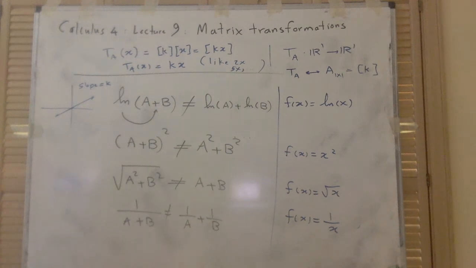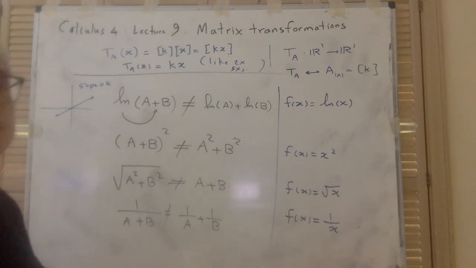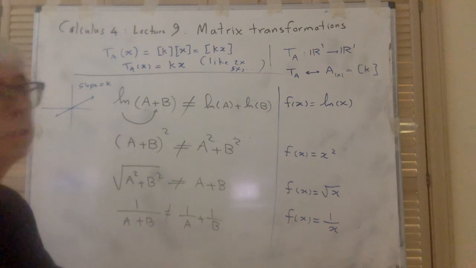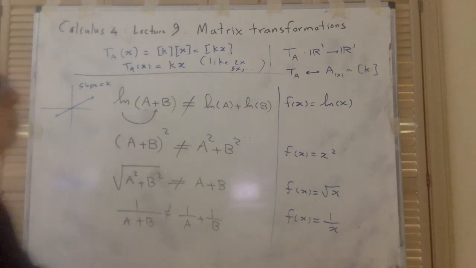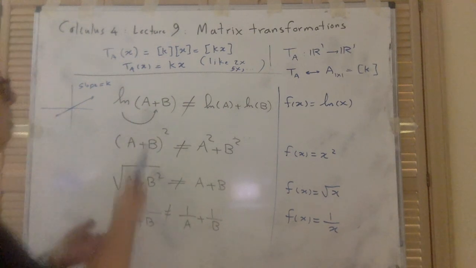So the only matrix transformation in R1 is the simplest function, which is K times x for some K. And that's it. There's absolutely no other function from R to R that is a matrix transformation or a linear transformation or a linear function.